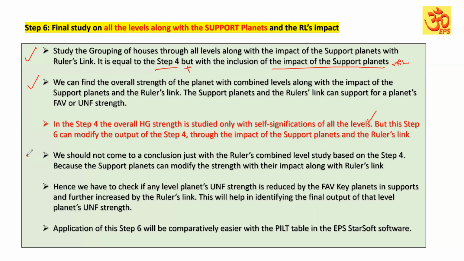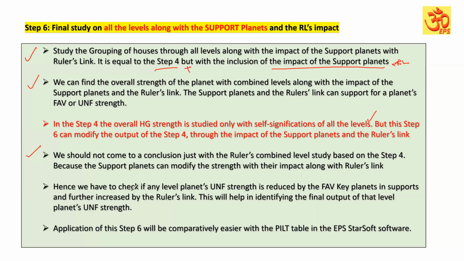We should not come to a conclusion just with the rulers' combined level study based on step number 4, because, I am repeating again, it is only with the self-signification of the rulers without the inclusion of the support planets. The support planets can modify the strength with their impact along with the ruler's link.